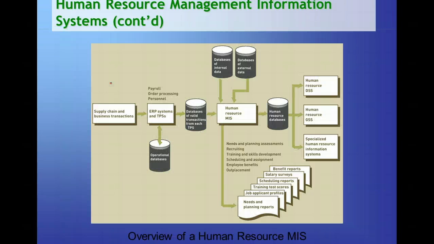Okay, so again we have the overview. You see most of the overviews look pretty much similar, but where it differs is the reports that are generated, which will be catered to that functional line or functional area.